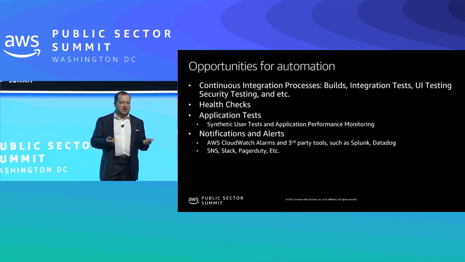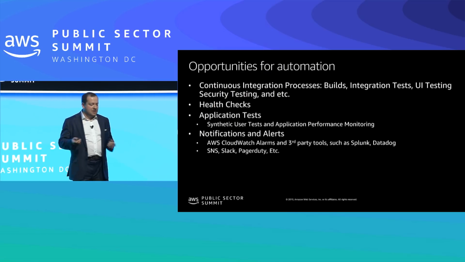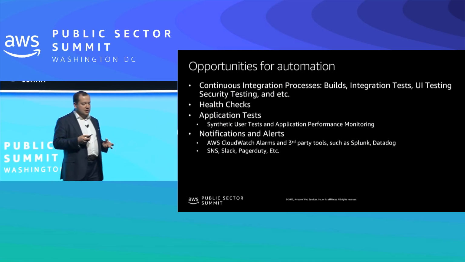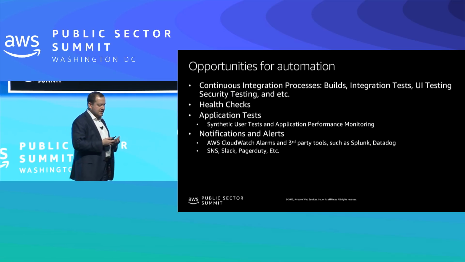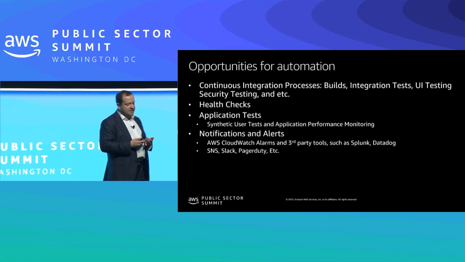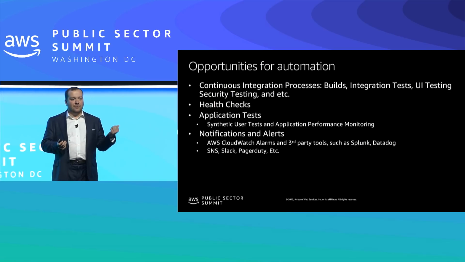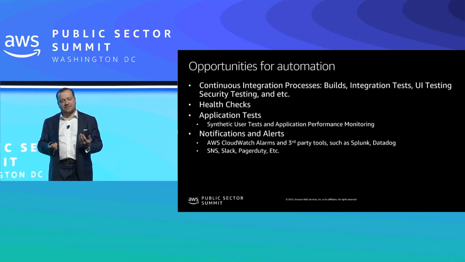And you want notifications and alerts both for when things go badly and for when things go well. So you want your CloudWatch alarms configured on your deployments, and you probably also want some third-party tools. Splunk is a really common one, Datadog is another. You can wire these alerts and notifications up with SNS, our Simple Notification Service.